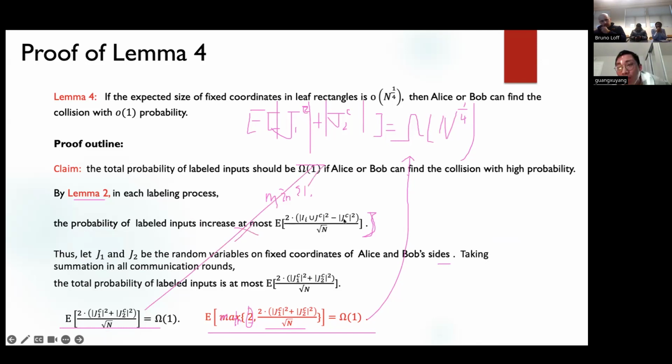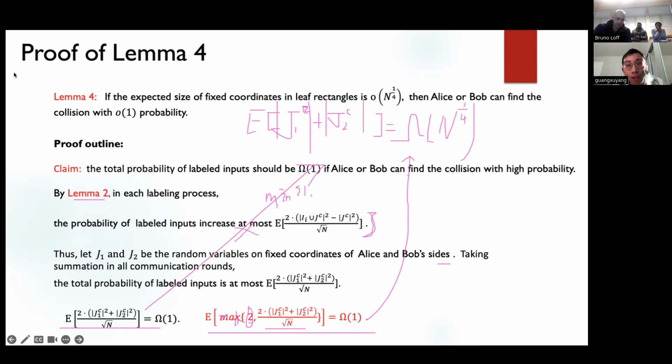But if you have a maximized upper bound of the random variable, you can prove this. I see. There's a trick here. Okay, got it.